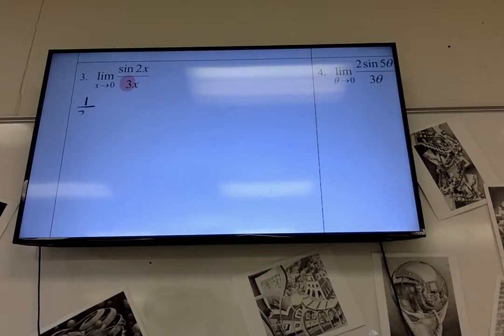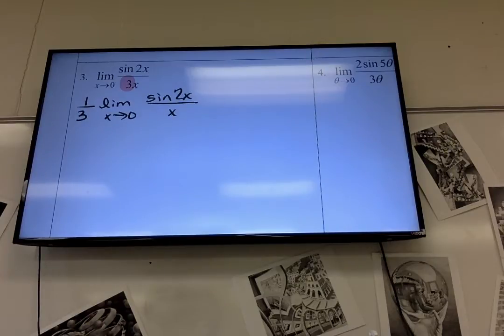So I can make that 1/3 times the limit as x approaches 0 of the sine of 2x over x. I could do that because 3x wasn't with a sine or cosine or any other trig function. So I just moved that 3 out in front. It was on the bottom, so it stays on the bottom.